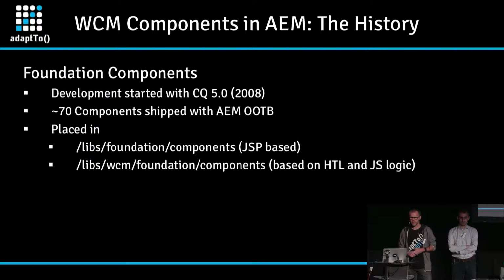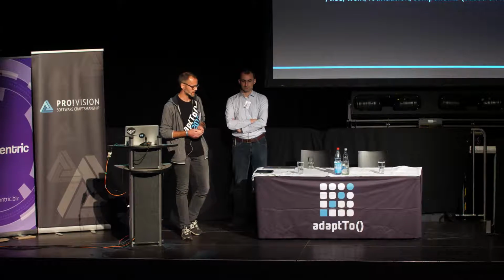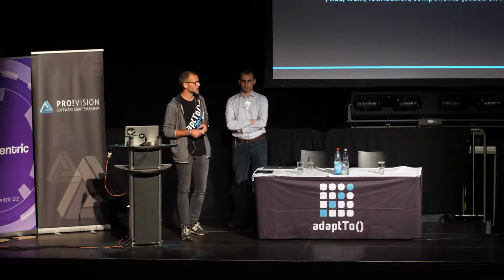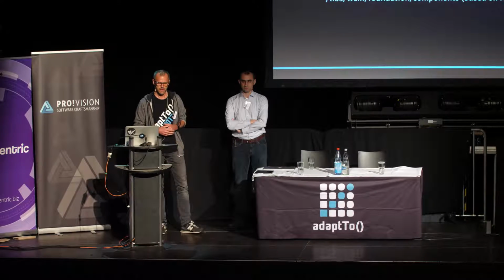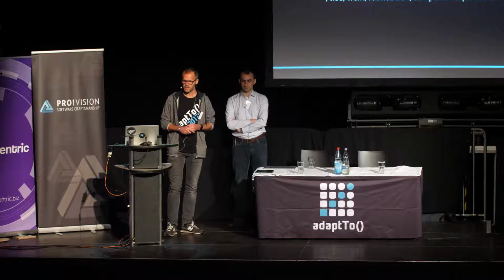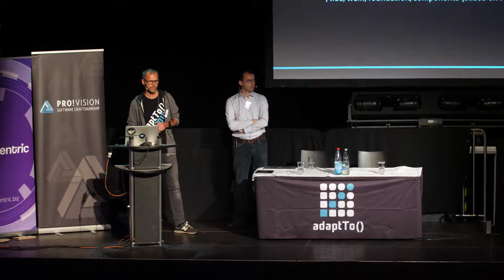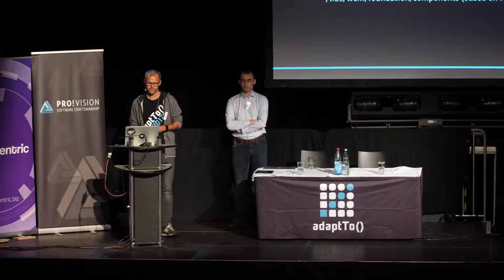And then there are also some newer ones, I would call them, which are placed in libs/wcm/foundation/components. These already use HTL, which is our scripting language for building components, and as back-end logic they make use of the JS Use-API implementation. So here you already have some separation between the markup and the logic.